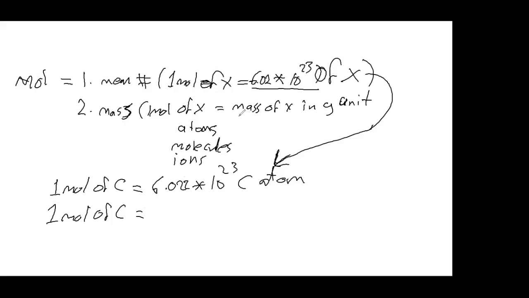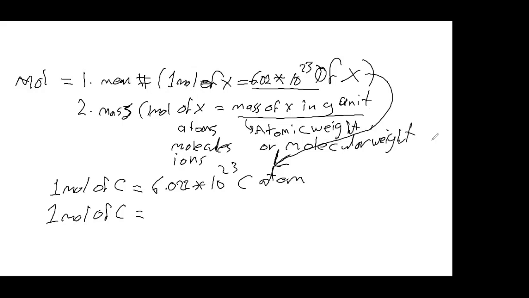Here, the mass of X will equal either the atomic weight or molecular weight if we have molecule. So it will equal the atomic weight if we have atom, and will equal the molecular weight if we have molecule, compound.